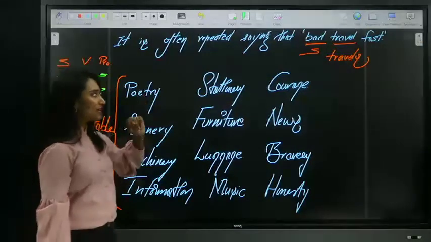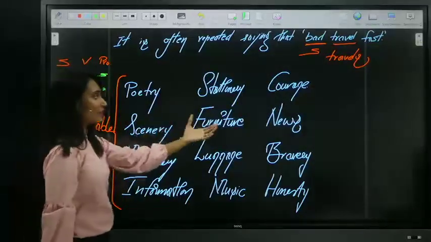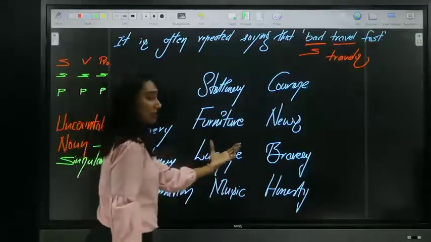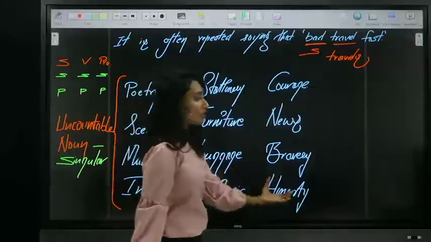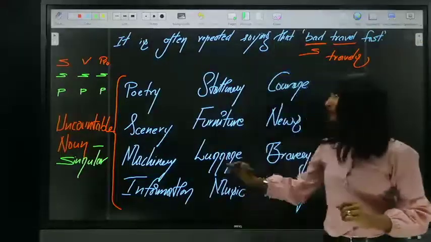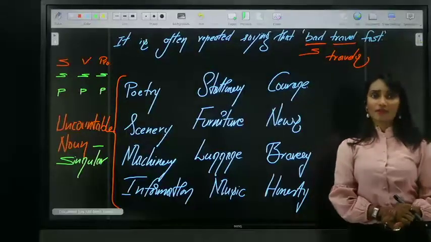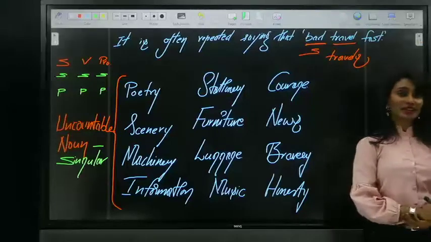So poetry is, stationery is, courage is, scenery is, furniture is, news is, machinery is, language is, bravery is, information is, music is, honesty is. Because as these nouns are singular, we require to use singular verbs. And if there is a pronoun, we must use singular pronoun.